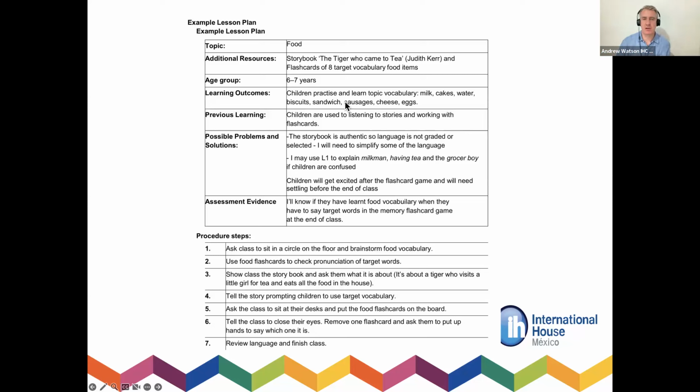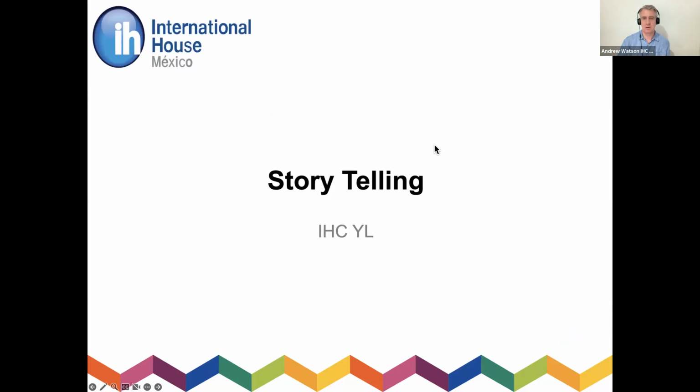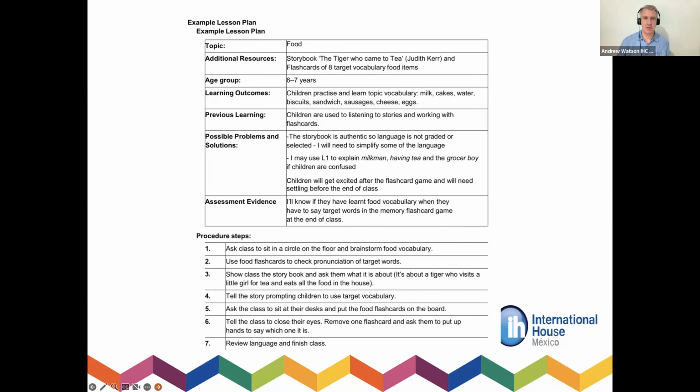So learning outcomes: the children practice and learn the topic vocabulary: milk, cakes, water, biscuits, sandwich, sausages, cheese, and eggs. Previous learning: this assumes that children are used to listening to stories and working with flashcards.